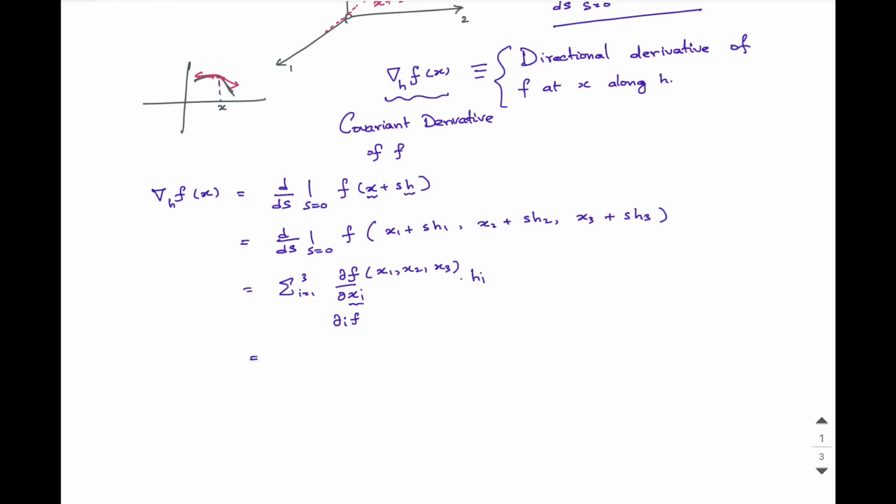This allows us to write it in a much neater fashion as the ith partial derivative of f at the point x times h_i. That's the covariant derivative of f along h at x.